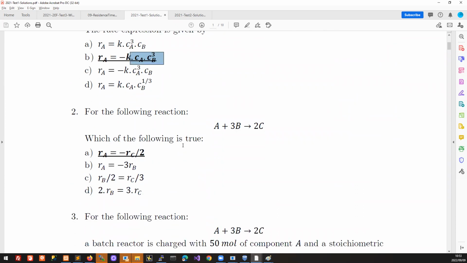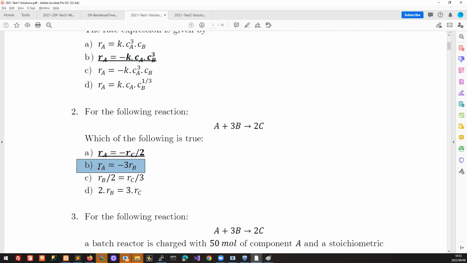Then this one is looking at the relative reaction rates. If we take the basis as being RA, both A and B are disappearing in the reaction, so they should have the same sign. So let's just check sign. This one is wrong, right?